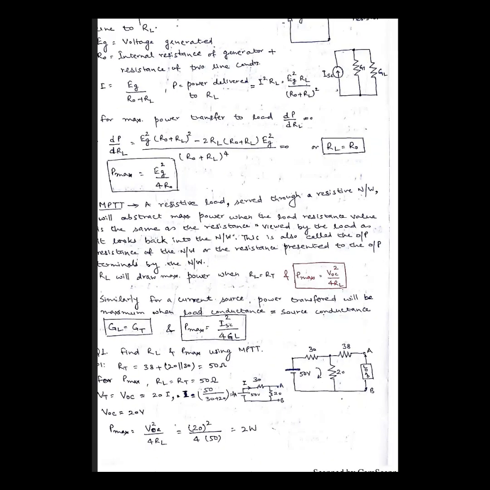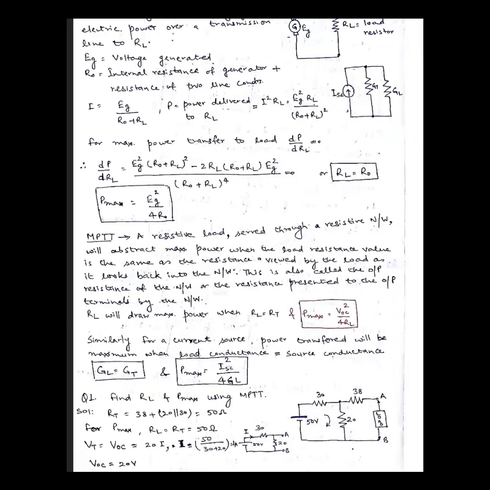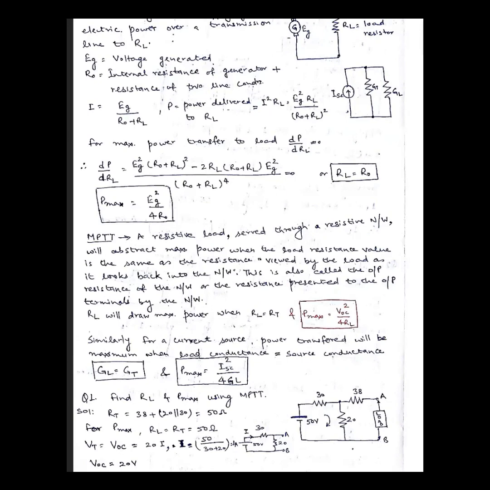A resistive load served through a resistive network will abstract the maximum power when the load resistance value is the same as the resistance viewed by the load as it looks back into the network.